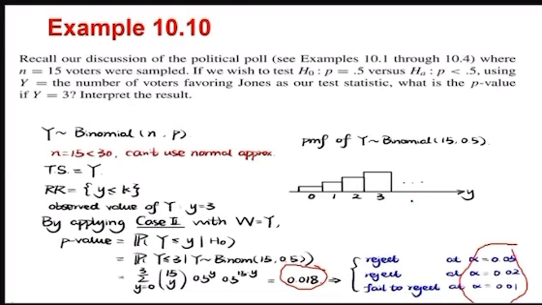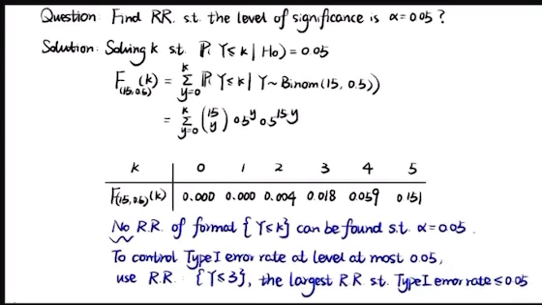Now, what if a question asks for the rejection region? Here, the minimum value to reject was when k equal to 3. Let us investigate. Let's say, for instance, find the rejection region such that the level of significance is 0.05. In that case, I don't know the values of k, but the level of significance is 0.05.